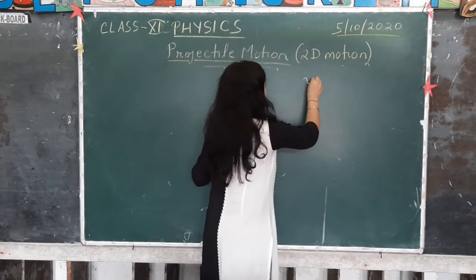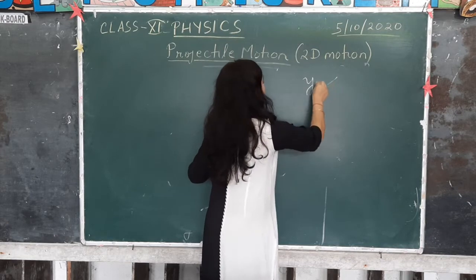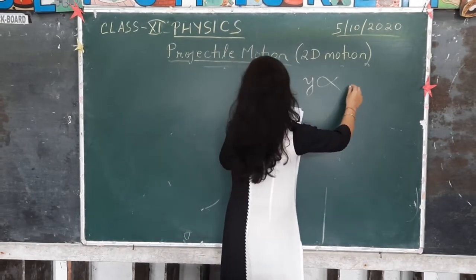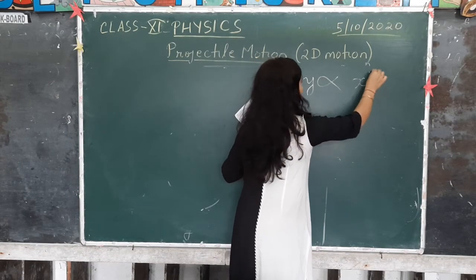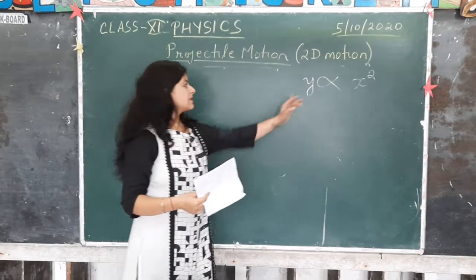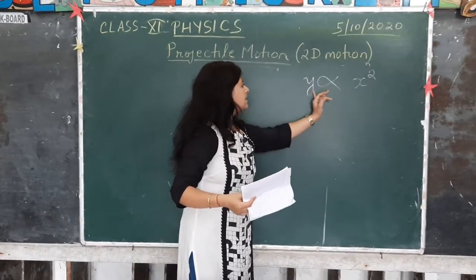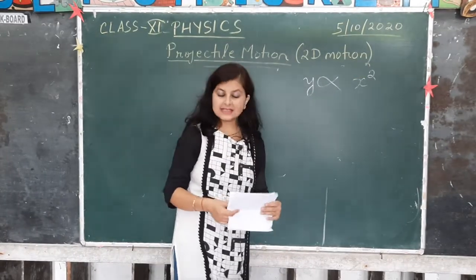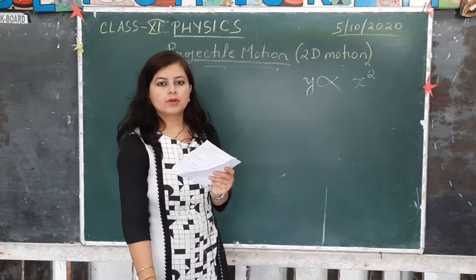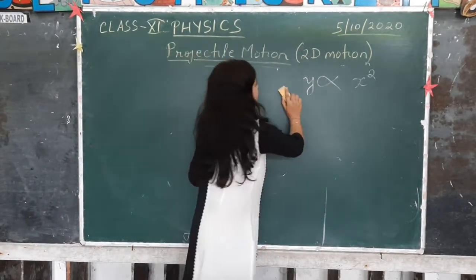Just by showing that y, that is displacement along the y direction, is proportional to the second power of x. So if you are able to find a relation which connects y and x in such a way that y is proportional to the second power of x, then we can say that the motion of the projectile is parabolic.